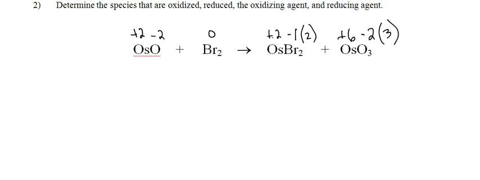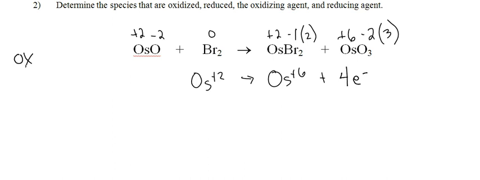However, the osmium over here with the +6 is going from a +2 to a +6, which means by that process here that it is losing electrons. Therefore, if something is losing electrons, we say that that's oxidized. So we can go ahead and say that osmium +2 is being oxidized.